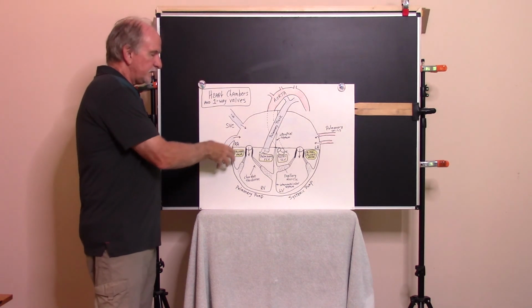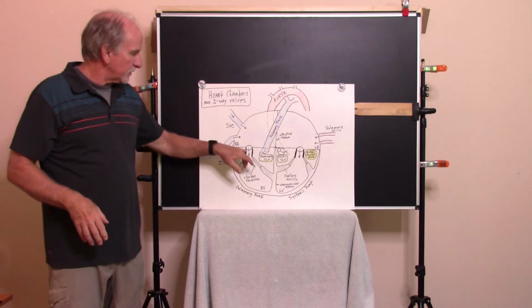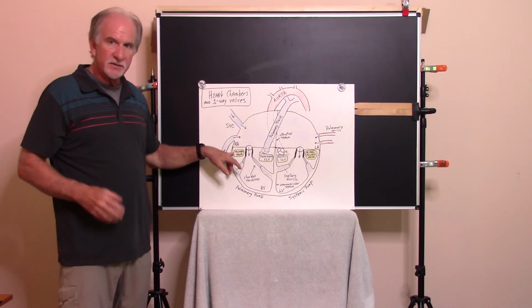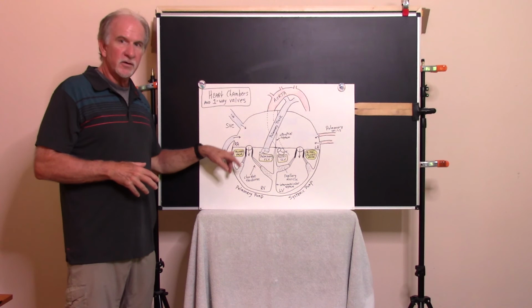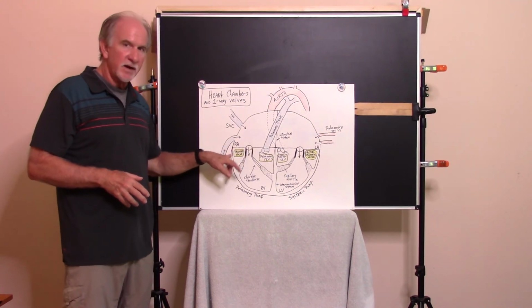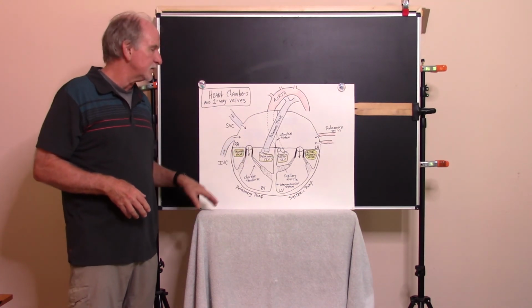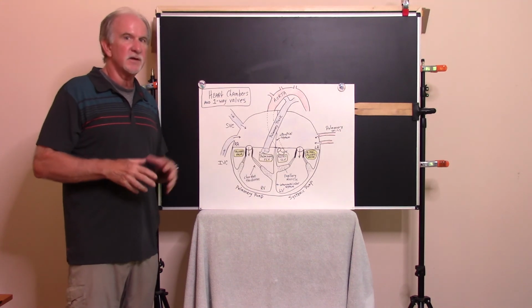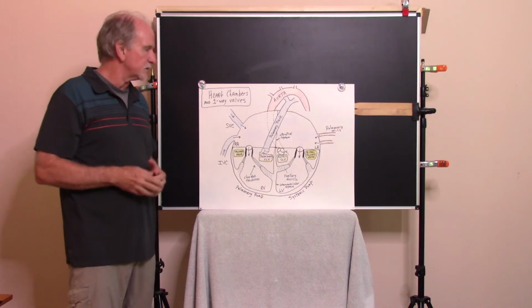Now, over here with the tricuspid valve, I've drawn just 2 flaps, but there's actually 3 flaps. So I've only drawn 2 of the 3 flaps, but the tricuspid valve consists of 3 flaps, and the bicuspid valve consists of 2 flaps, and I've drawn both of those.